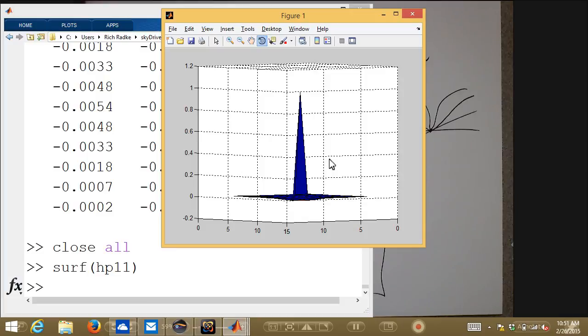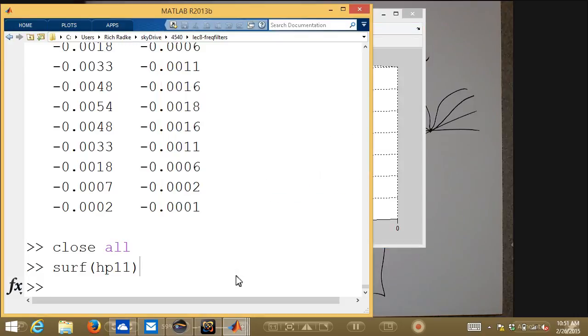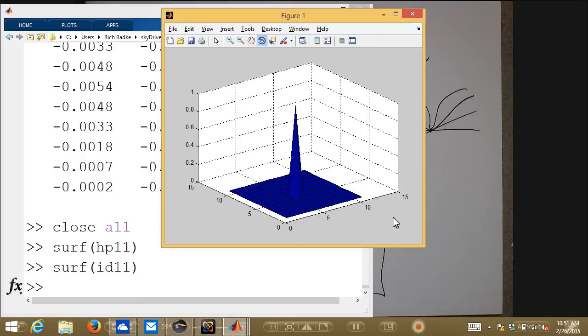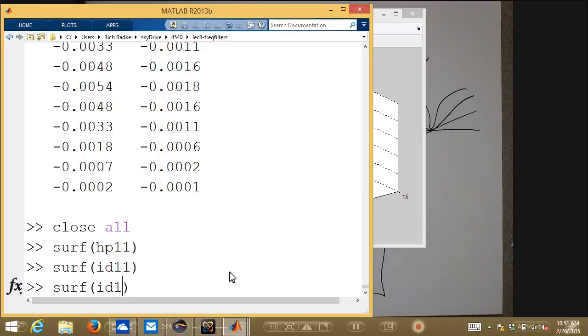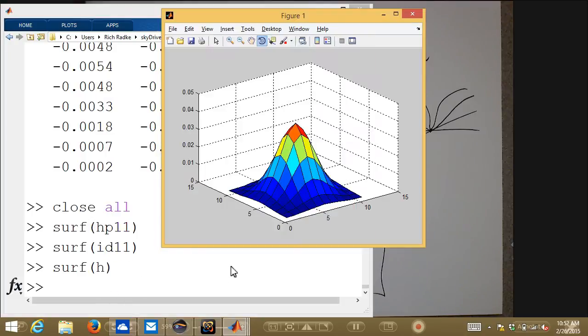I guess part of it is that, well, first let me make sure I got this right. So here's my spike in the middle. Oh, I think the problem is that my Gaussian values are all too low, right? The maximum of this guy is pretty low.